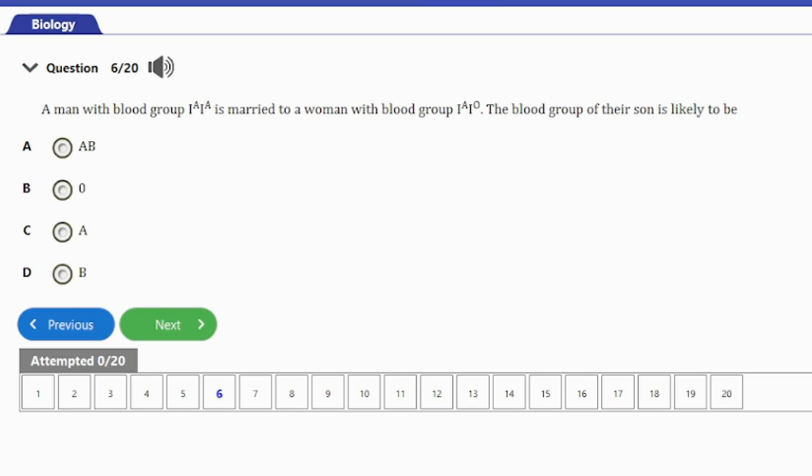Question number 6 here. It says a man with blood group IA IA is married to a woman with blood group IA IO.